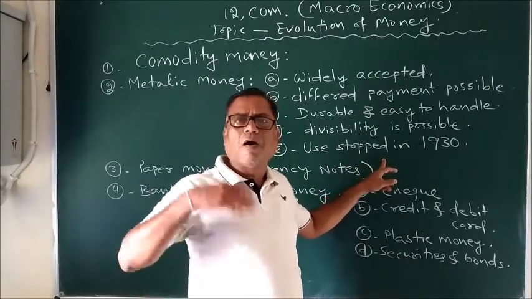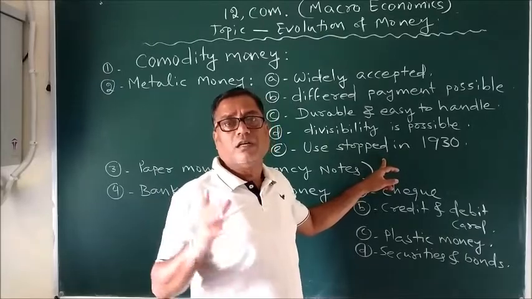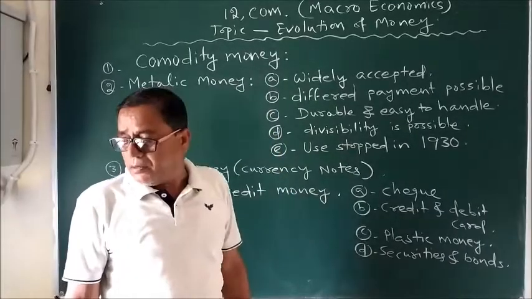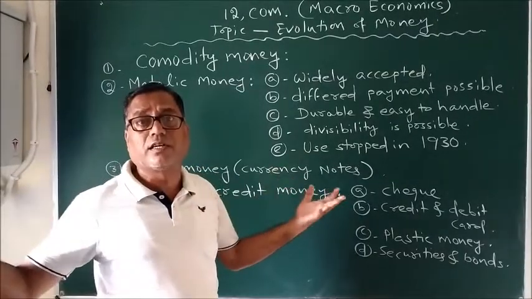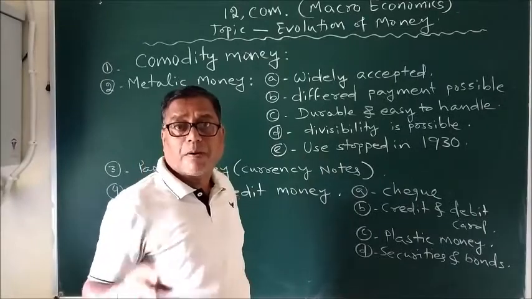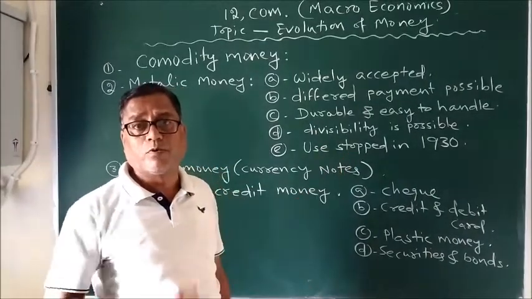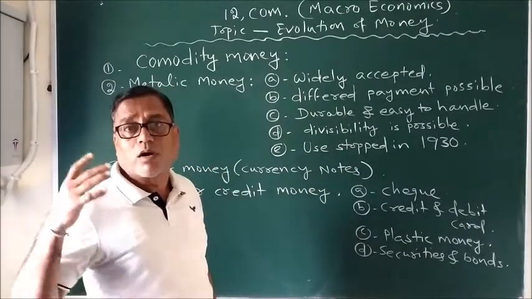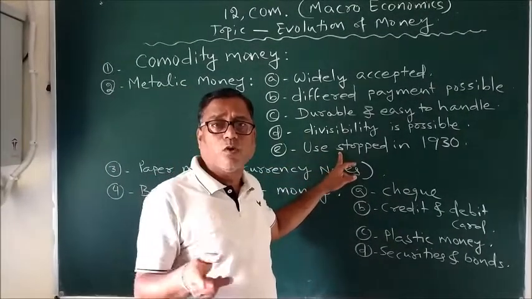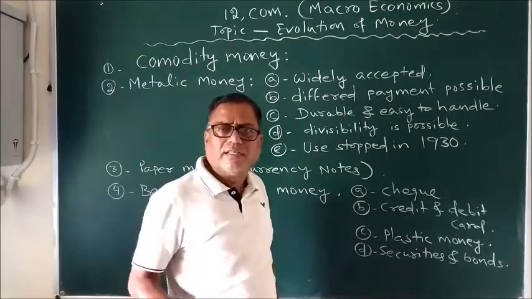But still we found some inconvenience in metallic money. For example, as economies started growing, the need for metal also increased, because we have to maintain 100% of the metal we are using as money, and precious metals like gold and silver are quite limited in supply.